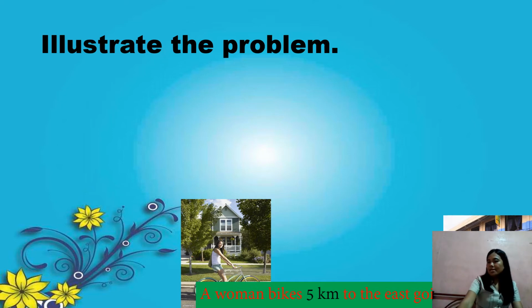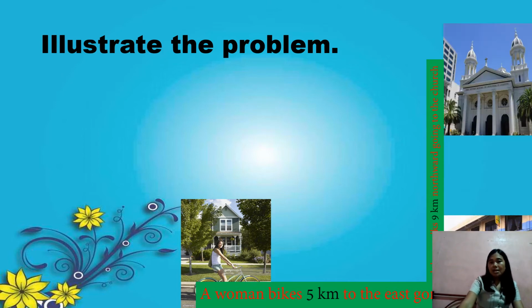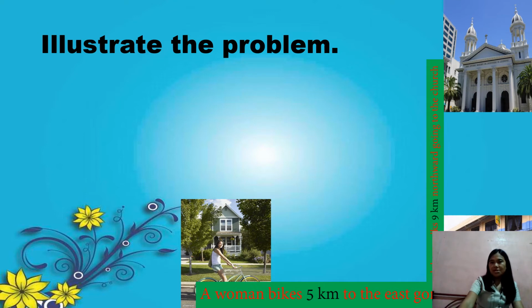She is going to school, which is 5 kilometers away from her house, which is the starting point. And then, in the continuation of the problem, the woman from school walks 9 kilometers going to church. So we now have our illustration.